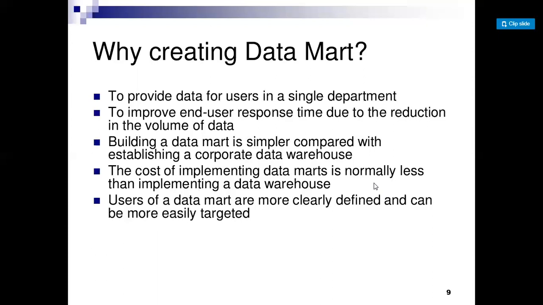Users of a data mart are more clearly defined and can be more easily targeted. Since it is related to particular subjects, only the people related or interested in that area or department will be our clients. So we can design our data mart keeping in mind the needs of the particular segments of clients or people who will work on it.